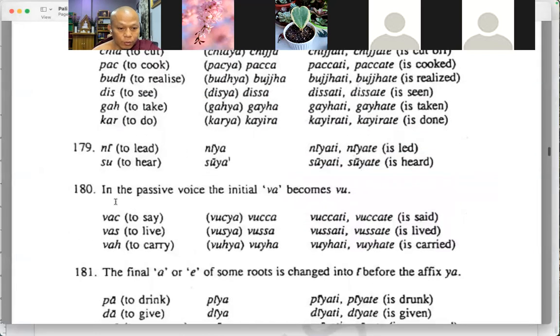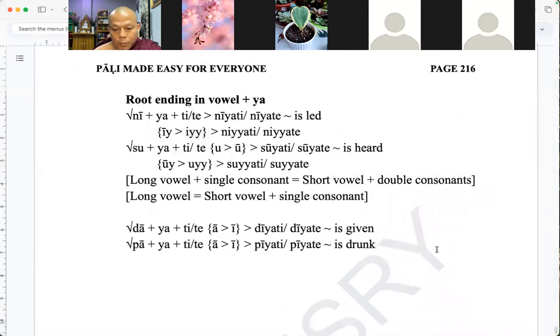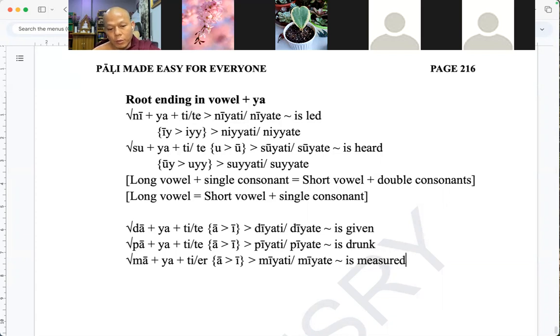Okay, so for those roots, here the other root ma, to measure, and D. So here also R is replaced by E. So me D, is measured.